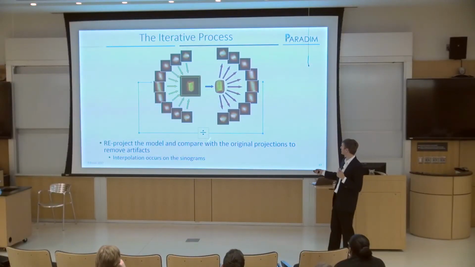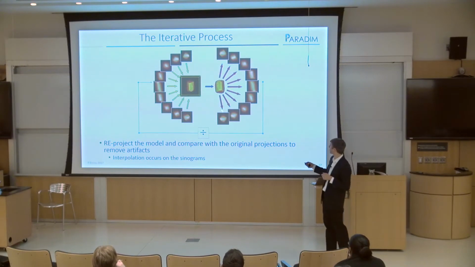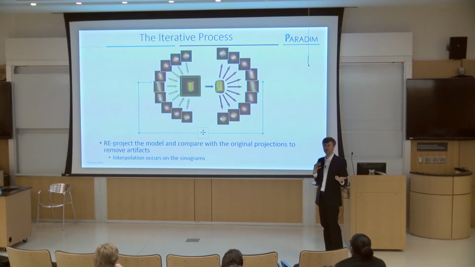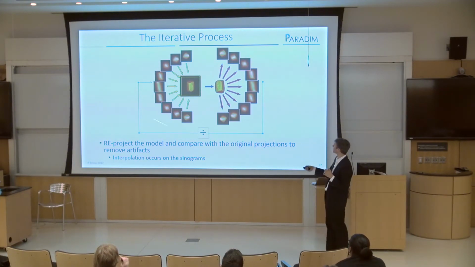We can use something like a division operator. And by doing that, you can say, like, there's intensity out here in this corner, which is not in the original image, right? And so by doing that, you can get rid of things in real space that aren't really there, right? It kind of adds constraints to the reconstruction. But you need to do this iteratively, because you need to make a reconstruction, reproject it in the computer, and then compare them, and then do it again. You do it again, again, again, again. OK?